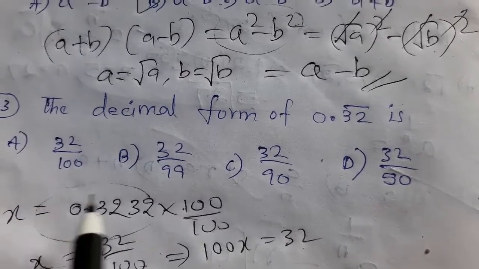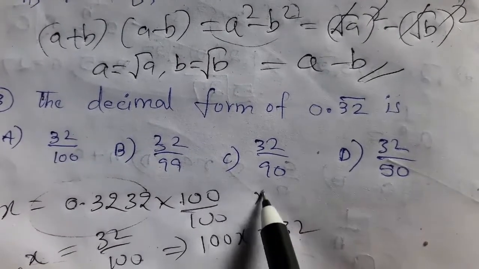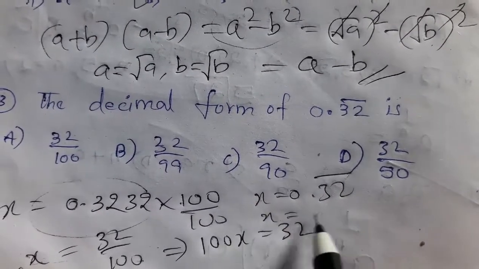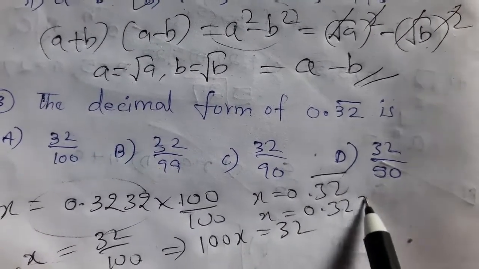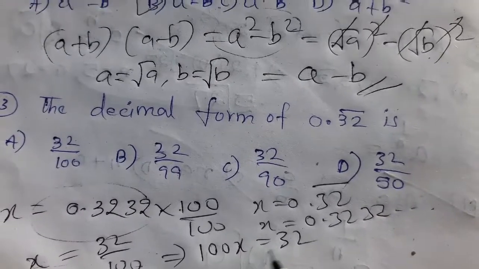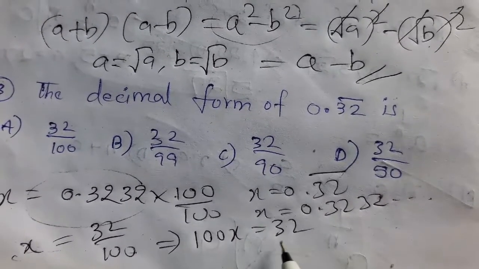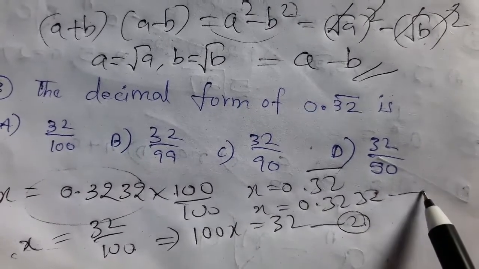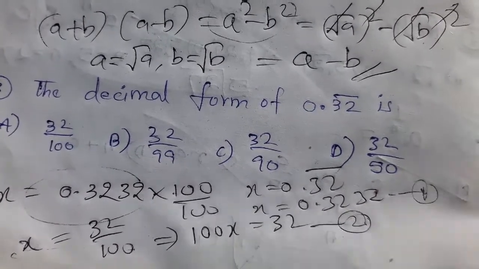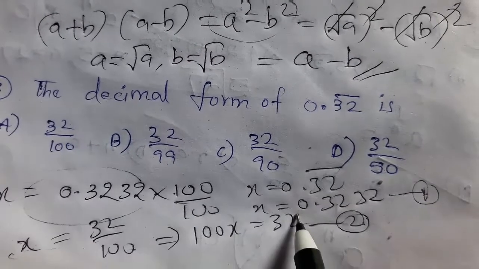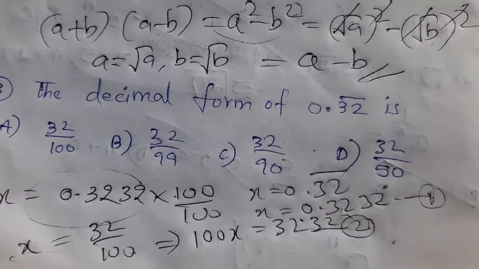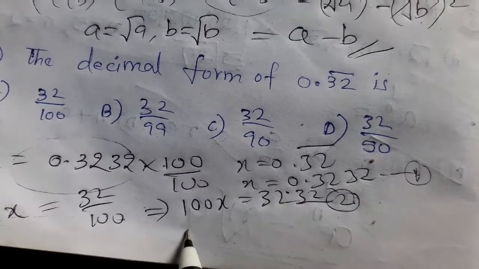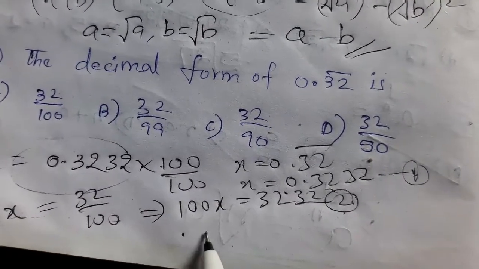Initially the x value is what? 0.32 bar. After that, x can be written as x equals 0.3232 and so on. Take this as equation 2 and this as equation 1. Now do the subtraction, equation 2 minus equation 1.